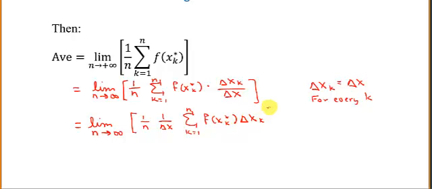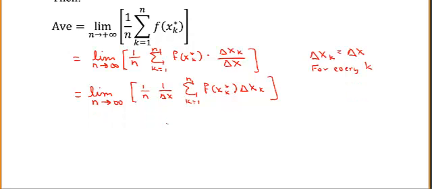And now this sum looks precisely like the sum that we have in a definite integral. We have a little work to do out in front. Recall that delta x was the length of the interval, b minus a, divided by the number of subintervals n. So 1 over delta x will be the reciprocal of this.